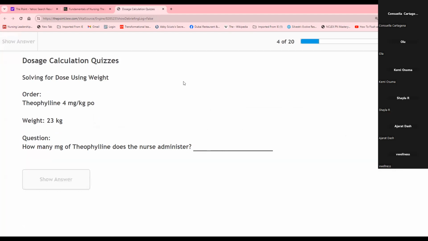All right, we're going to do one more here, and then I'm going to flip back over to some other questions so we can practice them. So one more weight-based. You guys can go in here and do these all day if you registered that book.